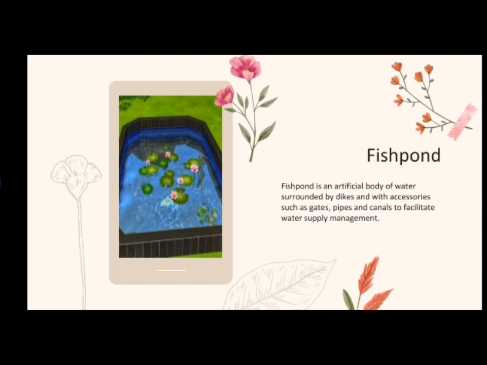So makita gyud nato sa mga fish pond, magyunay butanganan para magbuhi og mga isda. The fish pond is a common fixture in the Philippine rural setting, and perhaps second only to the rice fields in terms of providing livelihood and income for farmers.